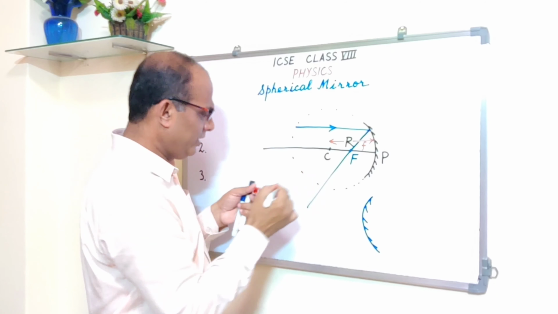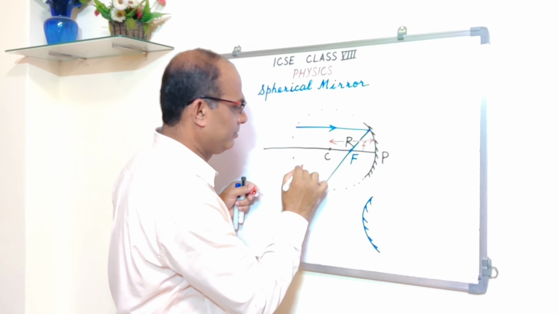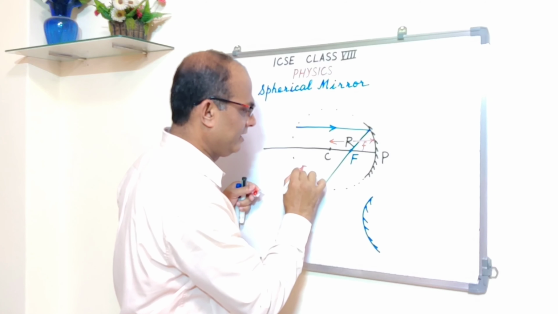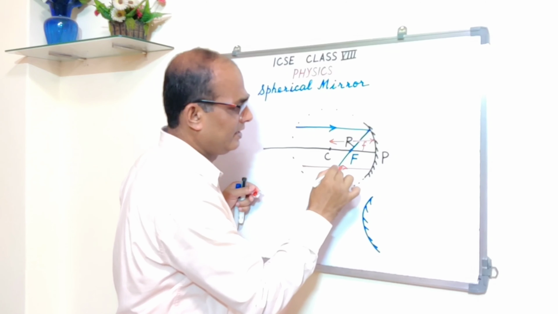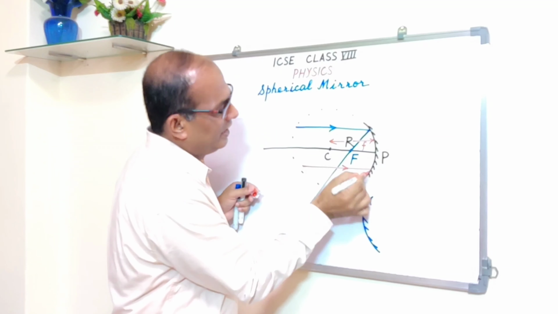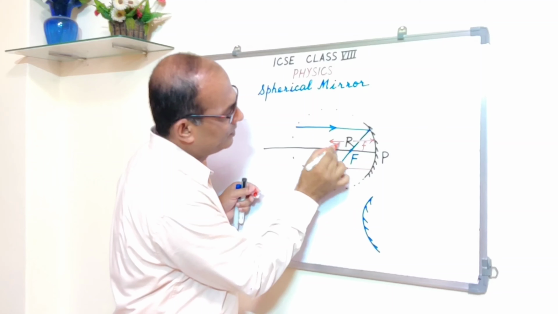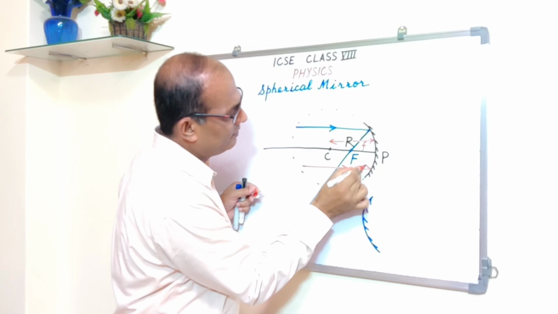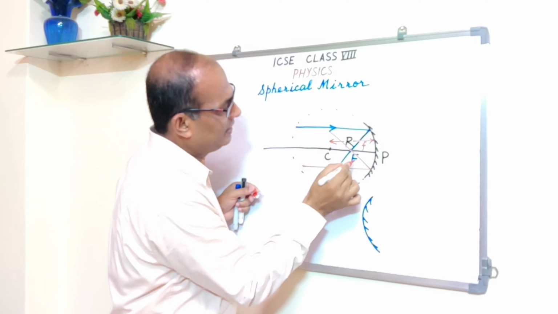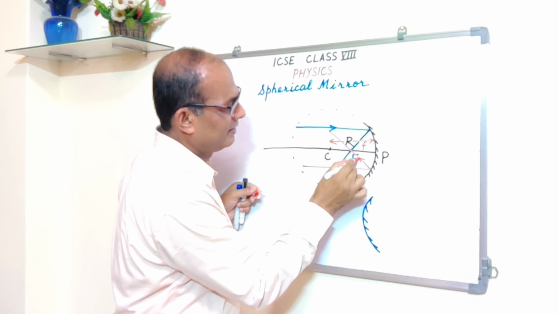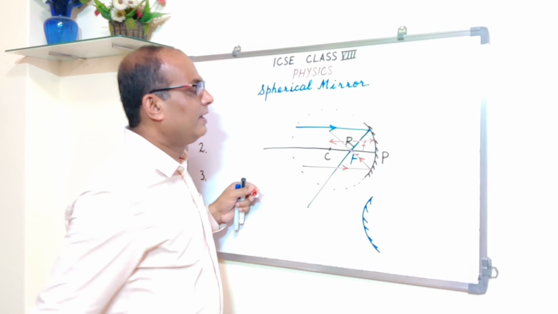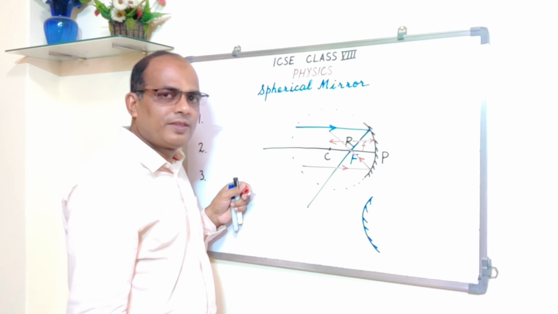Fine. You can take one more if you want. Suppose one ray coming from this side, falling on the concave mirror. Again, after reflection, it will pass through the same point, like this. Getting? Fine. So this point is focus.